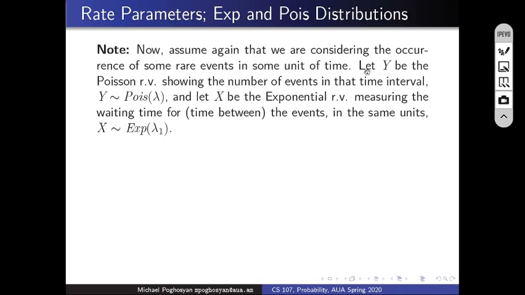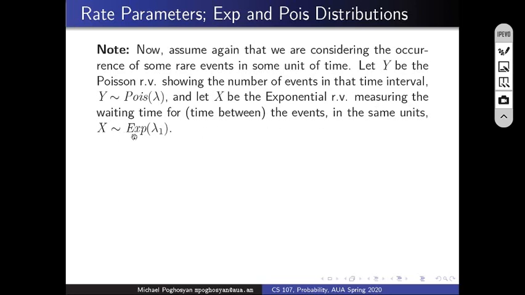So y is calculating how many events are happening in that time interval, say in 1 hour. Y is Poisson with parameter lambda. And let x be the exponential random variable measuring the waiting time for those events, or time between two successive events, in the same units, in hours, say.